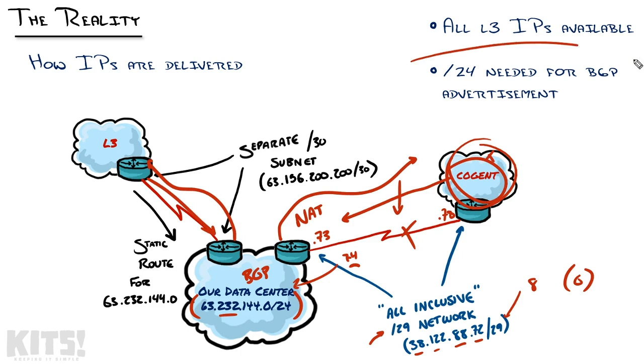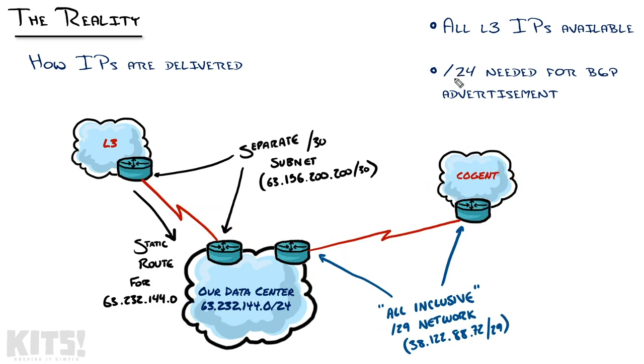Now, I want to put this note in here right now, which is a showstopper for some people. If you're talking about the IPv4 address space, you really need a /24 block, meaning at least 256 addresses, all put together in one contiguous block to advertise. That's because service providers of the world are trying to keep their routing tables small.